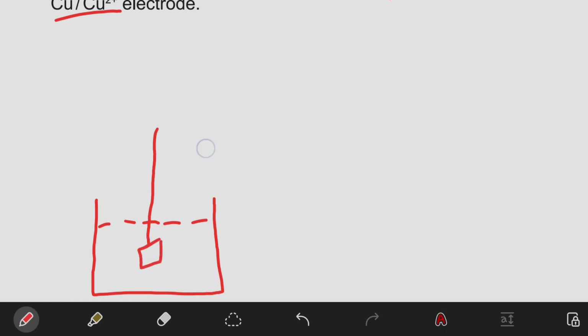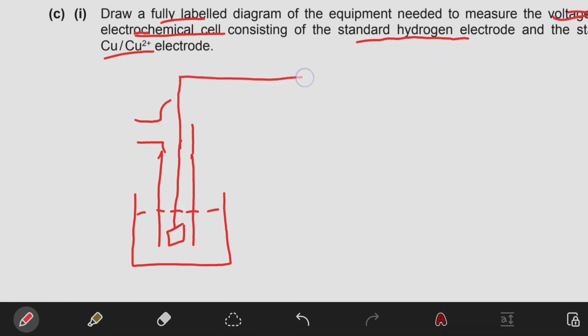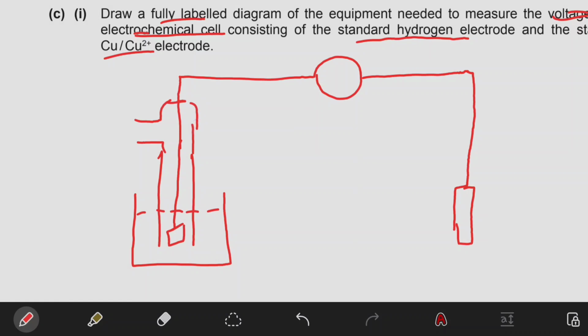This is the platinum electrode for the standard hydrogen electrode. The other one would be the copper electrode, because it is present in its metal form, in its solid form.